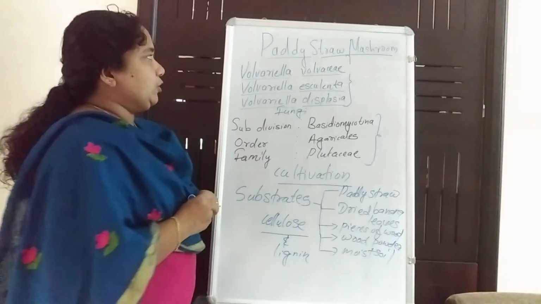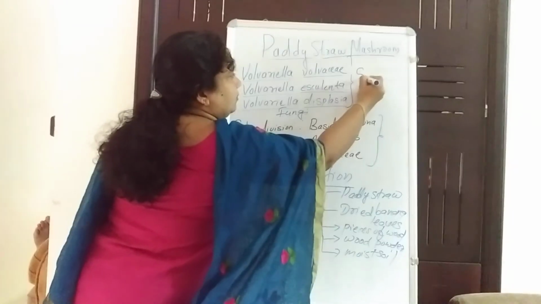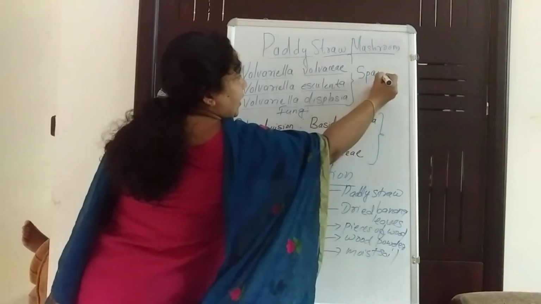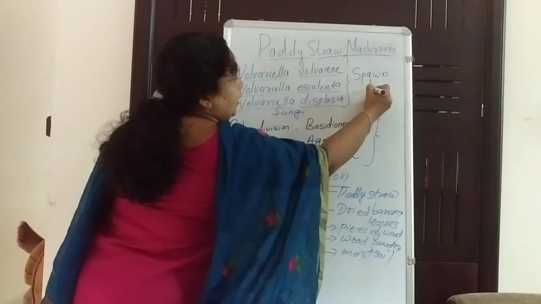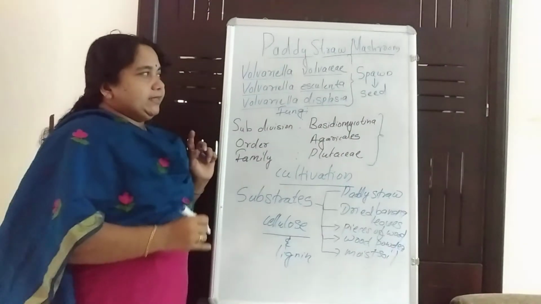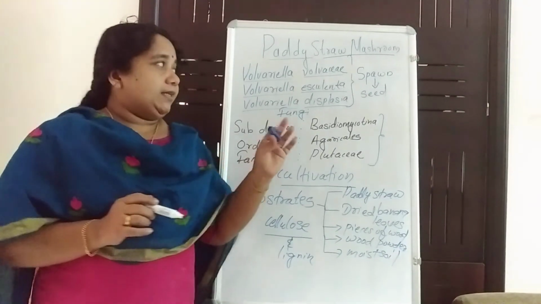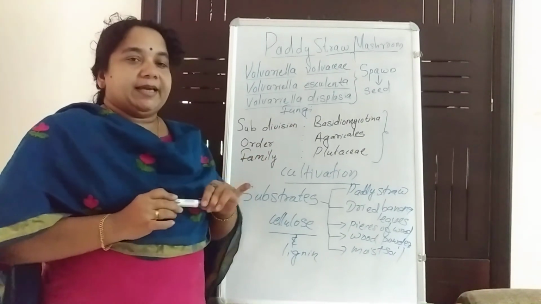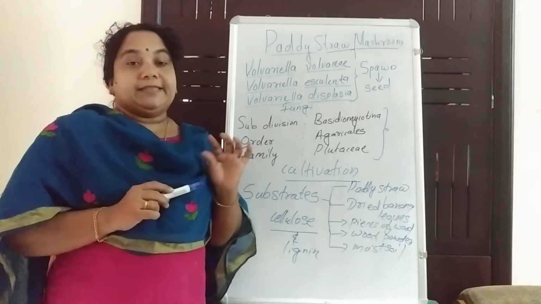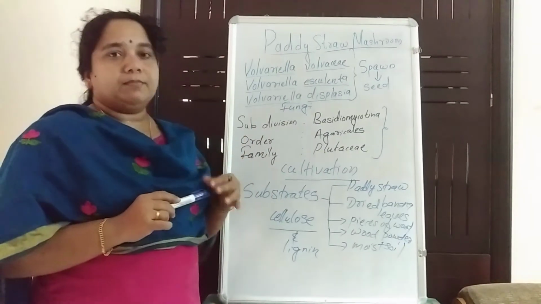Then we have to look at what material is used for paddy straw mushroom cultivation. The material used for paddy straw mushroom cultivation is called spawn, S-P-A-W-N. Otherwise we can call it seed. It does not mean that mushrooms produce seed, but spawn is a group of mycelium for the growth of paddy straw mushrooms.